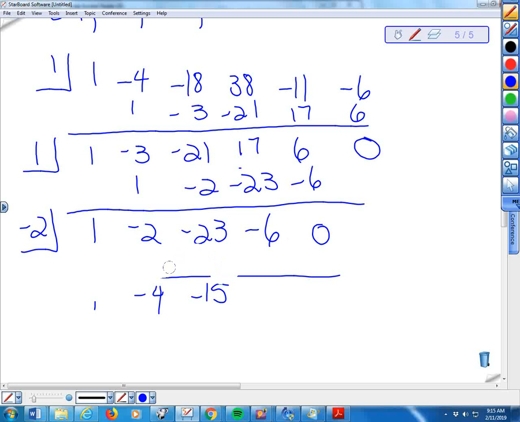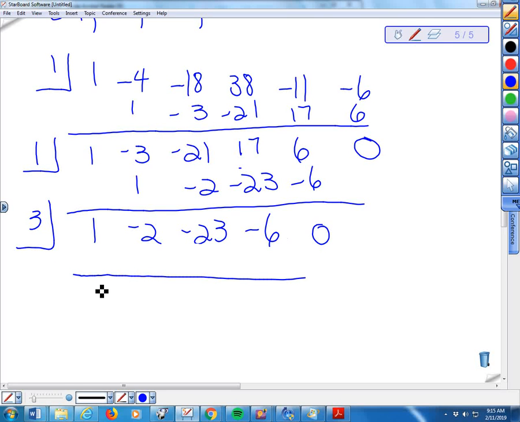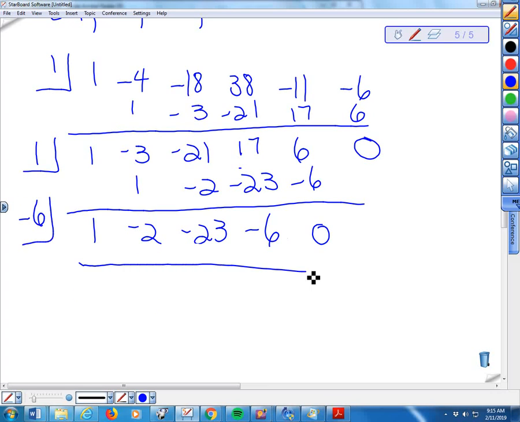3. 1, 3, 1, 3, negative 20? Nope. Try negative 6. Negative 6? Yeah. 1, negative 6, negative 8, 48. 48 minus 23, 25.